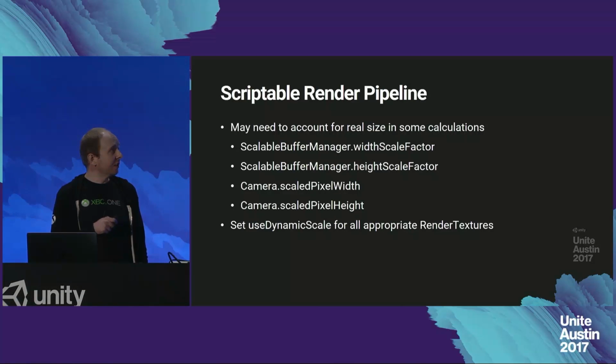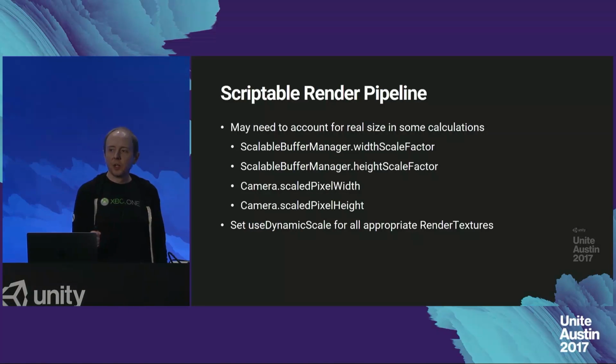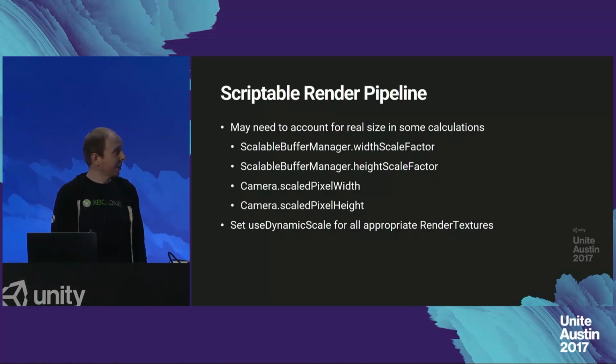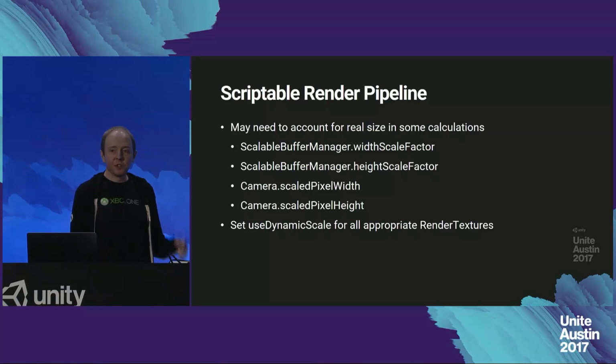Also, for convenience, the camera class provides scaled pixel width and scaled pixel height, which is the real adjusted size of the current render texture that it's rendering to. As with everything else, of course, make sure you set use dynamic scale for the right render textures. And as I mentioned earlier, the Scriptable render pipeline repo will be updated with these changes once the feature ships.